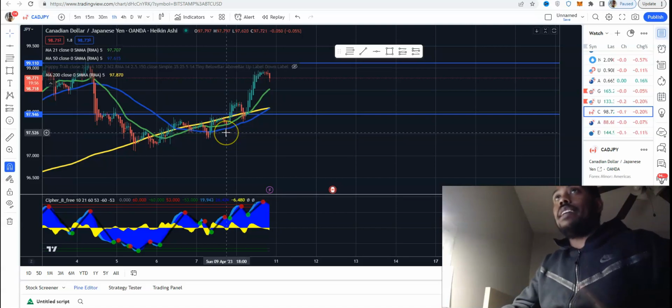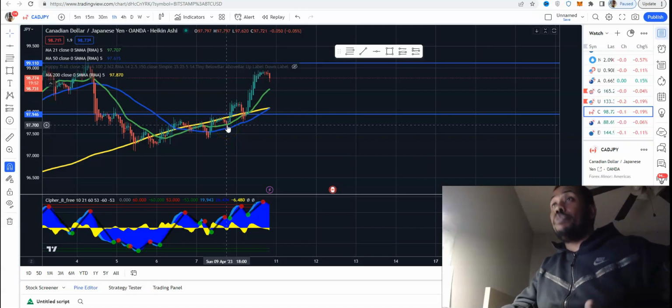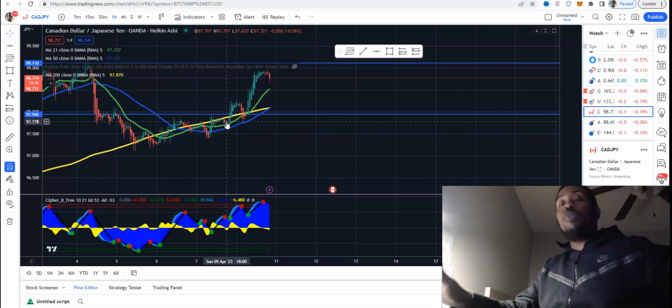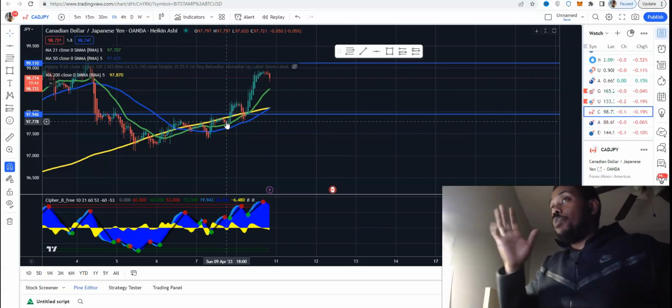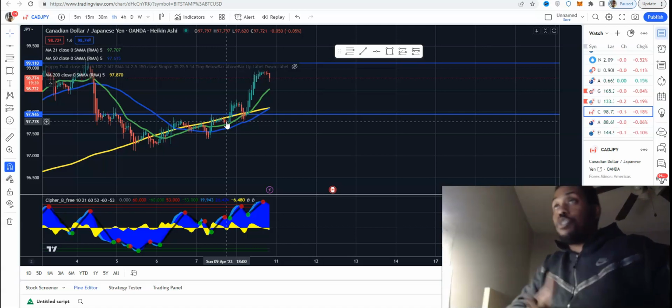The green line is my 21, and the blue is my 50. So I'm using a 21, a 50, and the 200, and they're all smooth moving averages. You can choose to just use a regular moving average or whatever suits you best, but what I have are smooth moving averages.